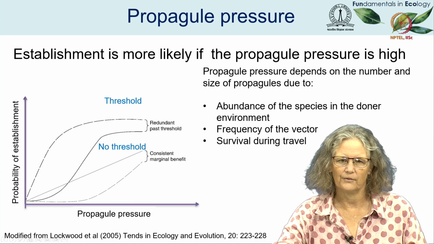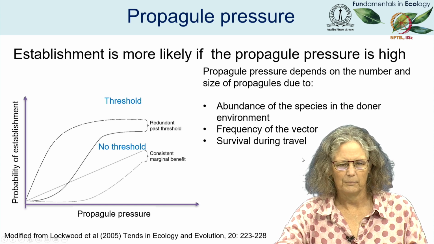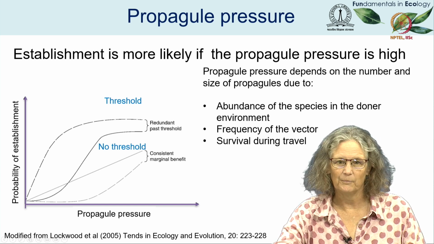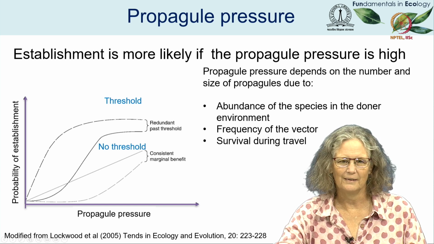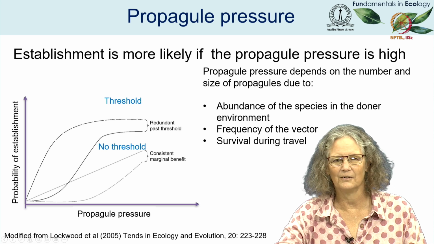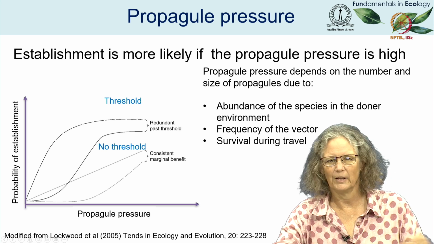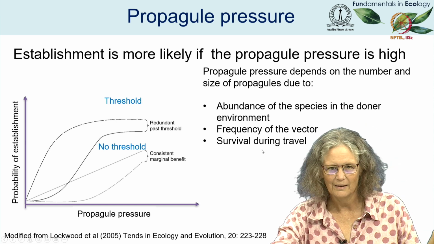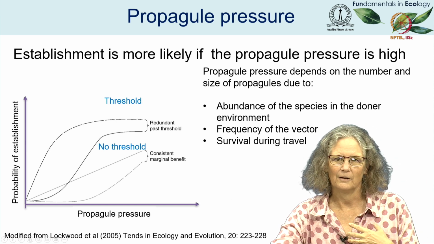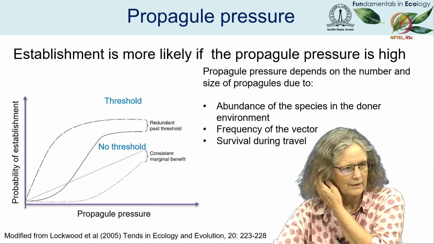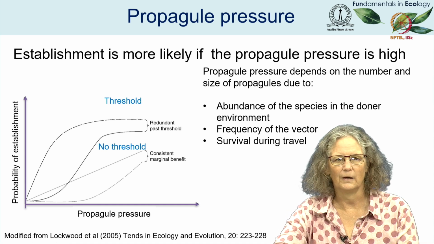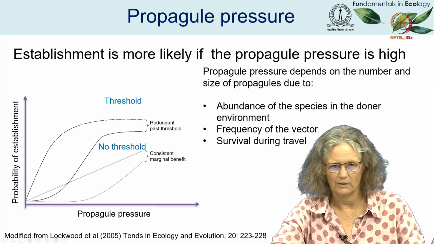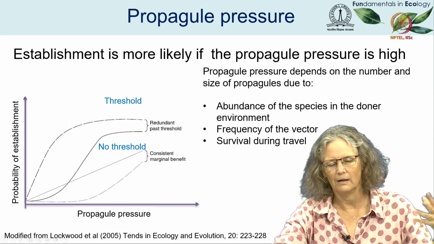The other thing is the survival of the propagule during transport. Some cargo ships take many months to get across the ocean, or they may stop at many different ports, and it could be that the propagule dies along the way. But if it's a very robust, sturdy propagule, like some seeds and some microorganisms, then it would last for a really long time in transport.